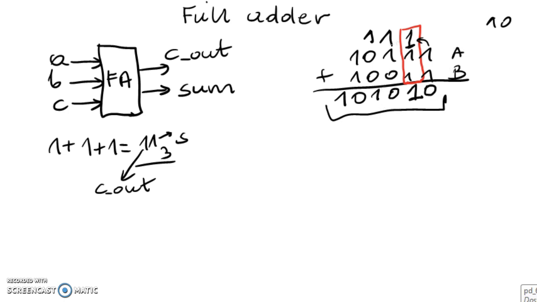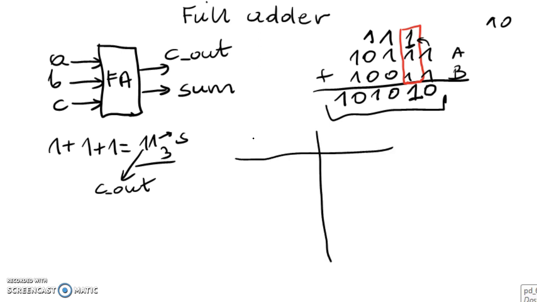So in order to design such an adder, which can add numbers of arbitrary bits, we must first construct the full adder cell. We can add 3 bits, okay? A_i, B_i, and carry. So this is this one.